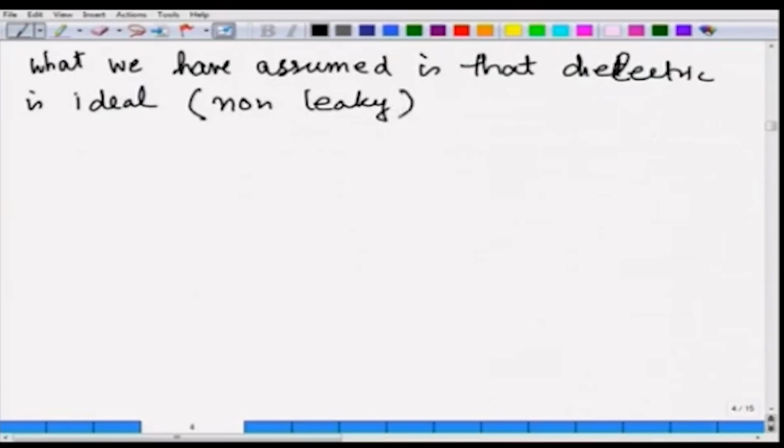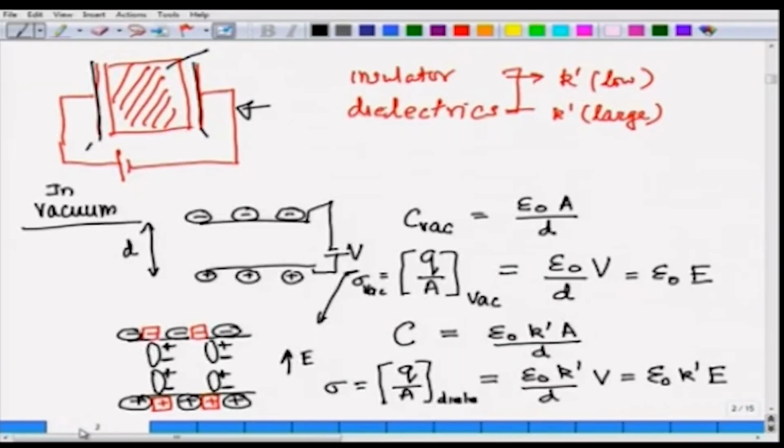What do I mean? What I mean is, we have assumed that this dielectric material is a perfect insulator. So, in this capacitor, when you apply voltage, no current flows. Since this dielectric material is not leaky, like vacuum, when you apply an electric field, there is no conduction whatsoever, and that is our ideal dielectric.